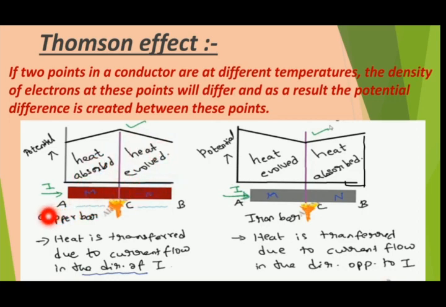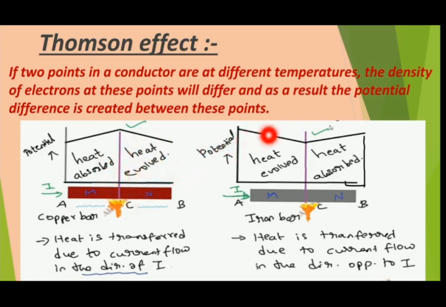Here heat is transferred due to current flow in the direction of current I. For example, a similar effect is observed in metals like silver, zinc and cadmium. This is an example of positive Thomson effect.